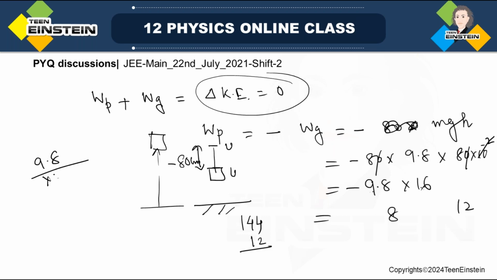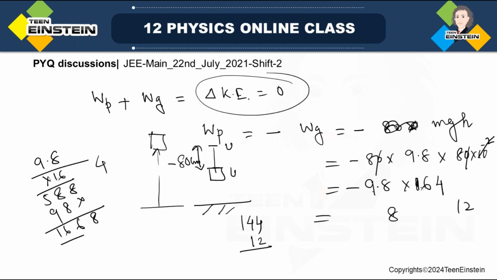This is with 16. Oh, I see. 8 times 8 is 64.